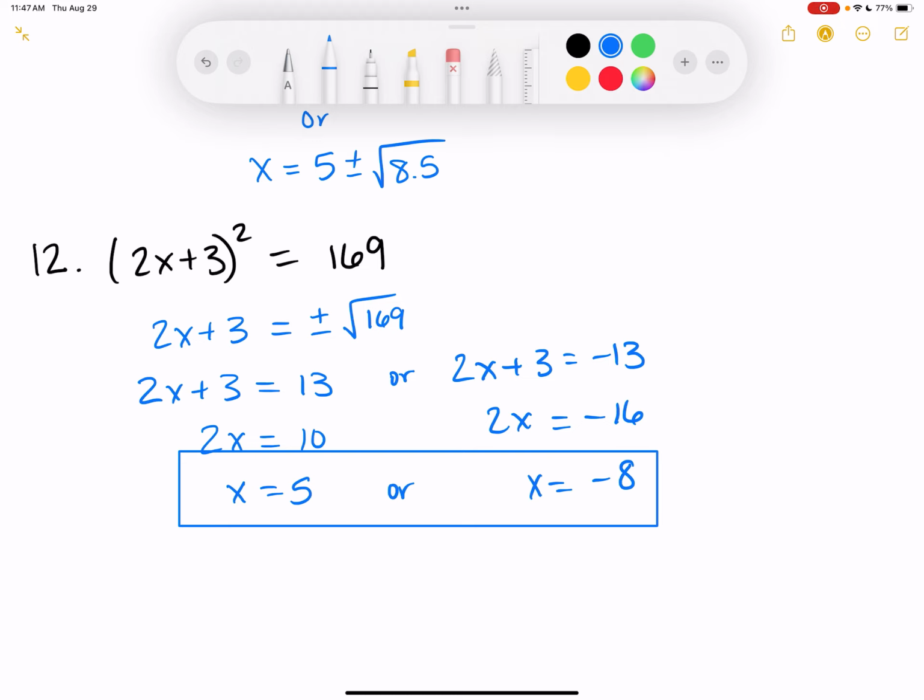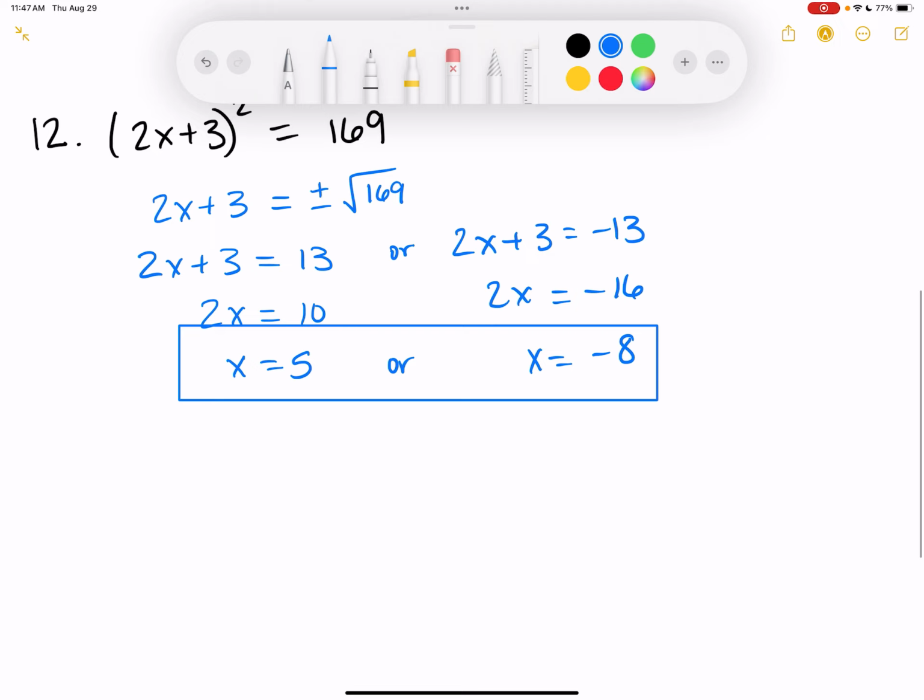All right, the next thing, everyone's probably least favorite, completing the square. We have x squared plus 5x minus 9 equals 0.